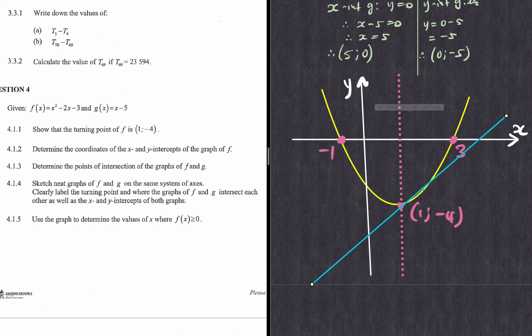Yeah, something like this. Okay, so that is 1 and minus 4, and they also meet here. At that point, that is 2 and negative 3.